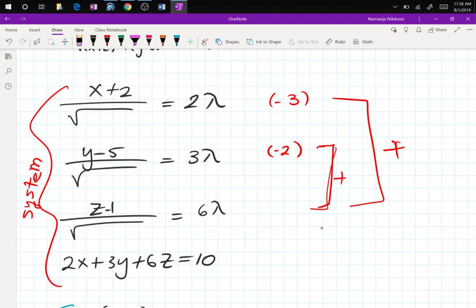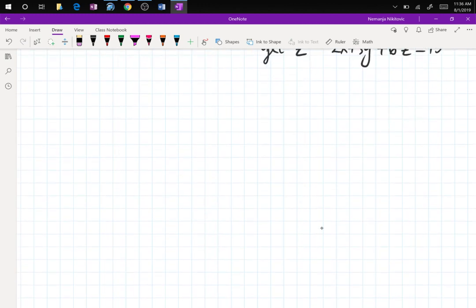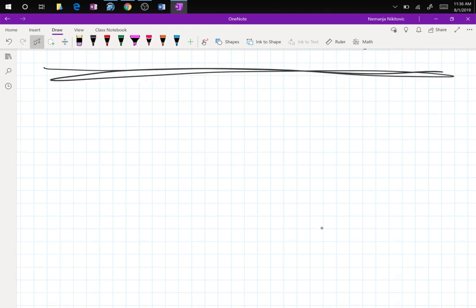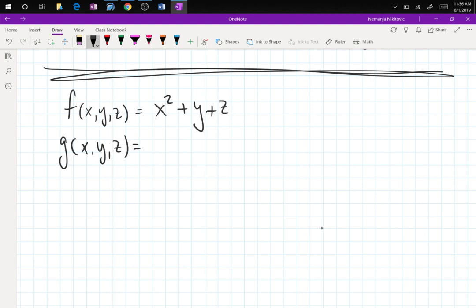Yeah. Okay, let's take a look. It's called mathematical gymnastics, right? So we have our function f given as 2x squared plus 2y squared plus z squared equals 2.